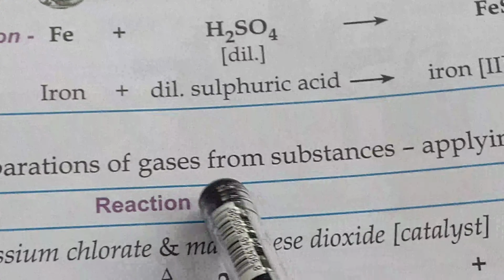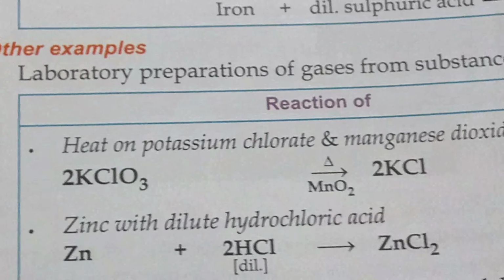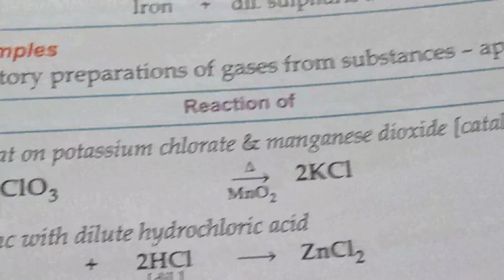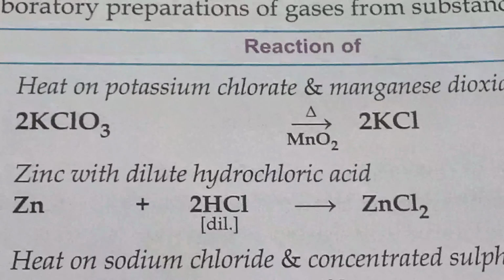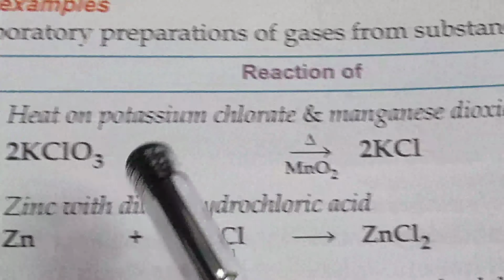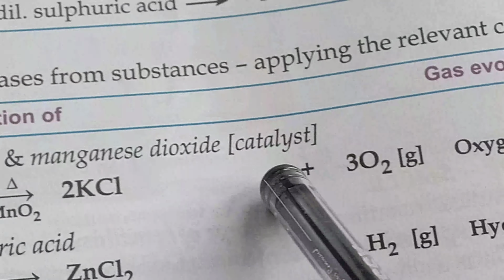Laboratory preparation of gases from substances applying the relevant conditions. Reaction and gas evolved. Look at some examples. Heat on potassium chlorate with manganese dioxide as a catalyst.